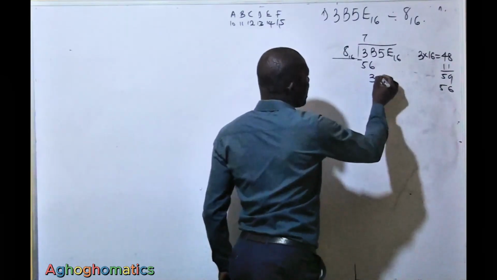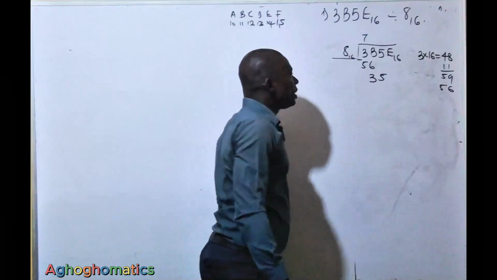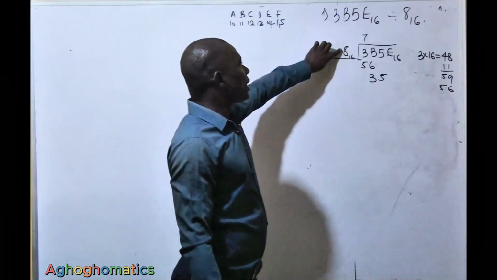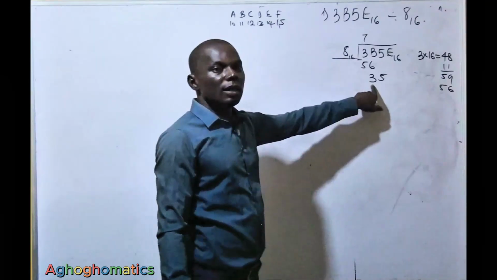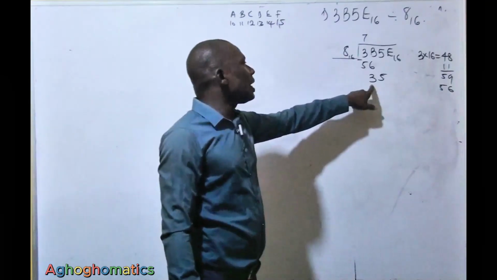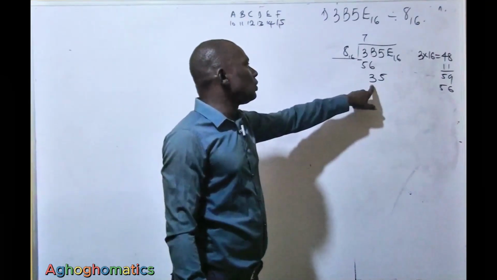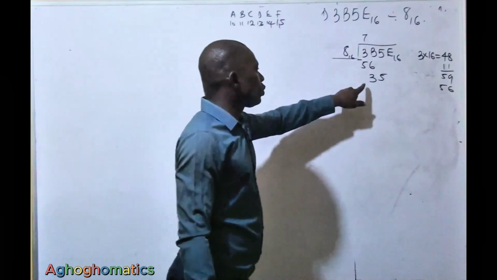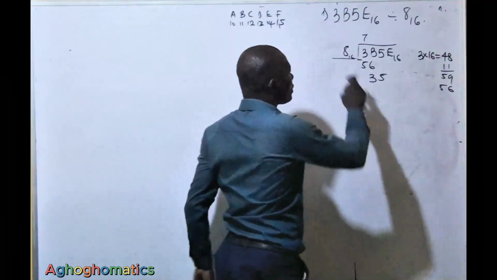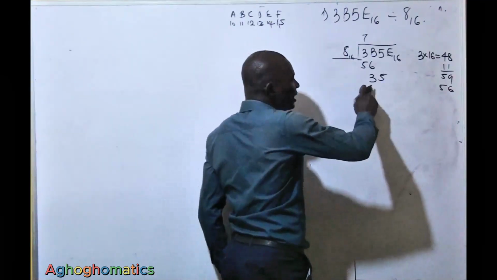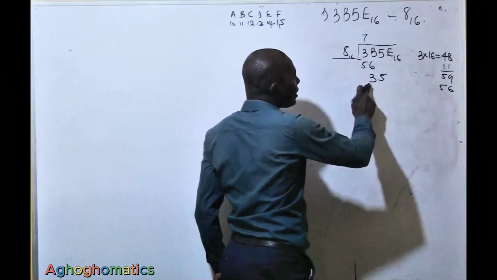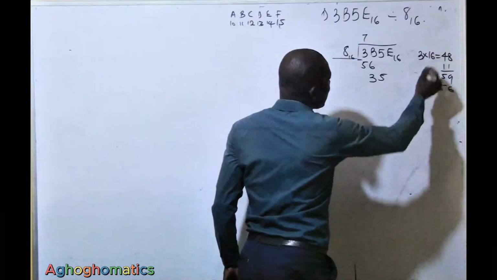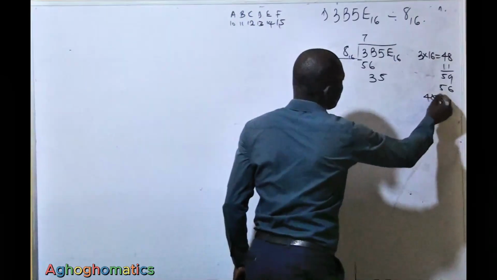Now we bring down this 5 by asking ourselves again, can 8 be contained in this 3? If yes, we continue. If no, we multiply this 3 by 16 again, which gives 48.